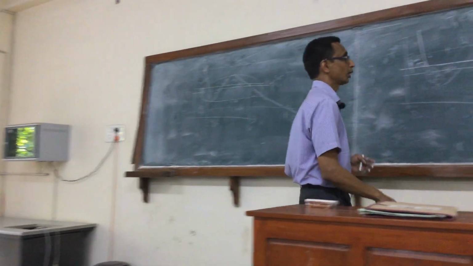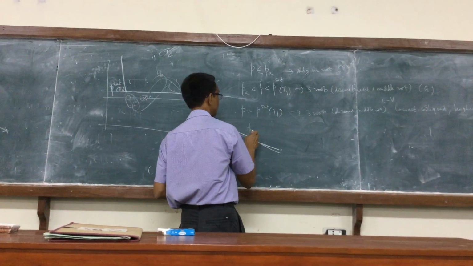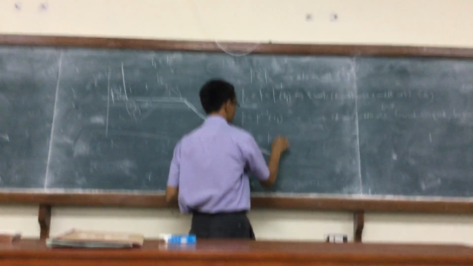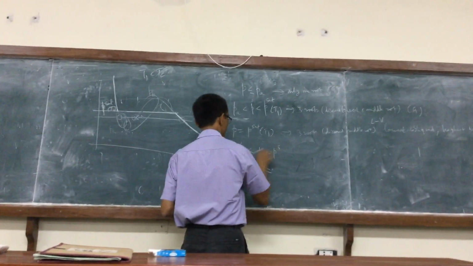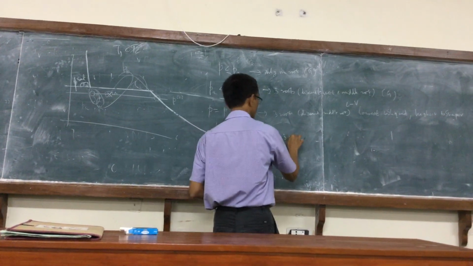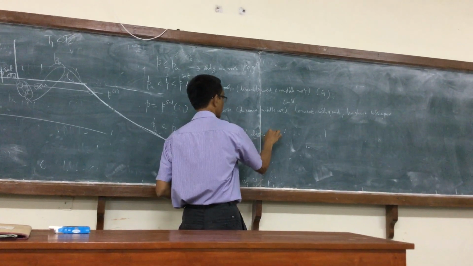Now, for pressures between PB and PSAT, again three routes. Discard the middle route, that's always there.